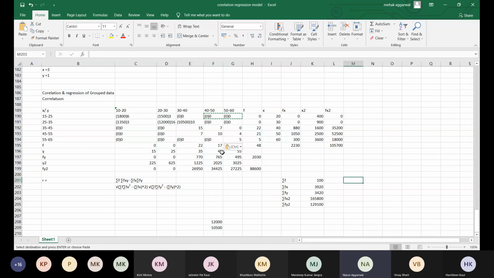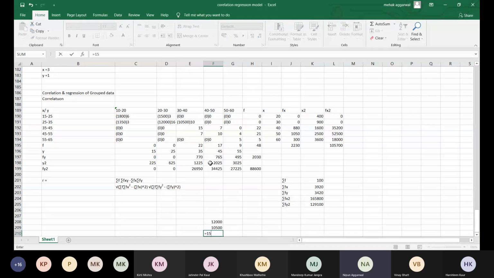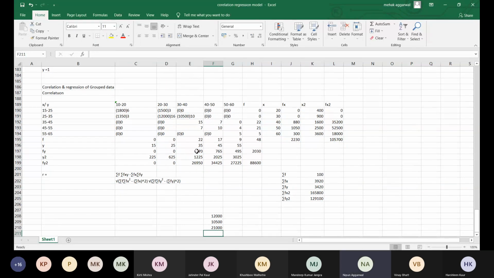Clear? Now for calculation of this. So this is 15 into 40 into 35. So which will be equal to 15 into 40 into 35. 21,000.